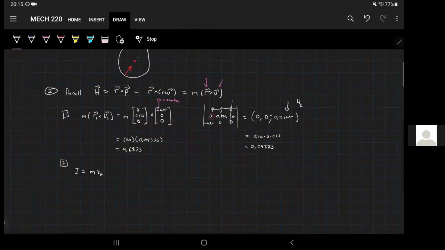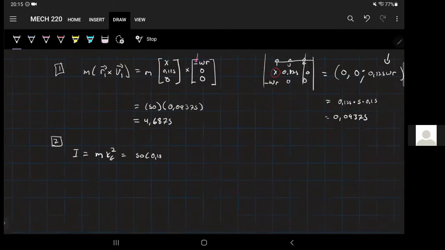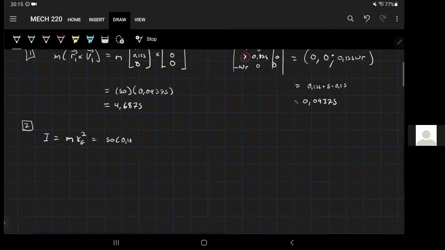So that's 125 millimeters, so it's going to be 50 times 0.125 squared, which gives a result of 0.78125, right? It's kilogram meter squared, if I remember well, for the units.